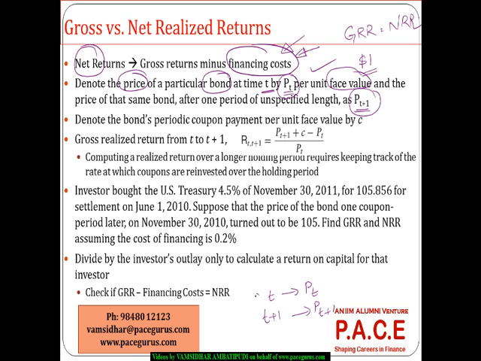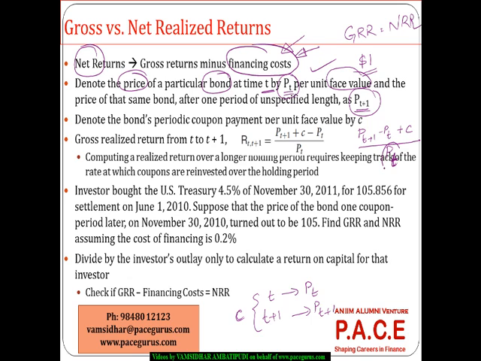And during this time, let's say it has given a coupon, which is C. Then the gross realized return during this period is nothing but the change in price, which is Pt+1 minus Pt, plus the cash flow that has come during this period, which is C. I am taking this as a proportion of the initial price.